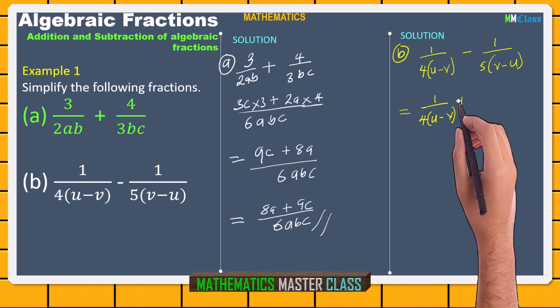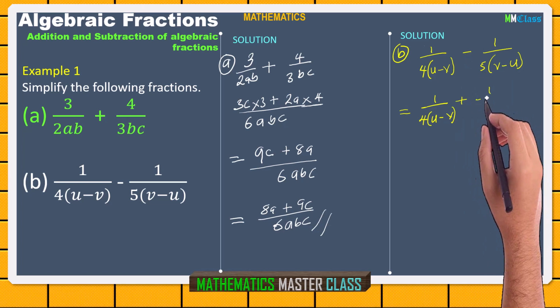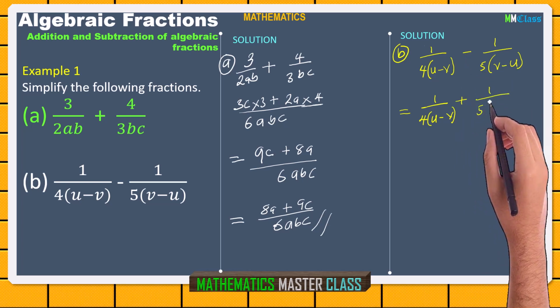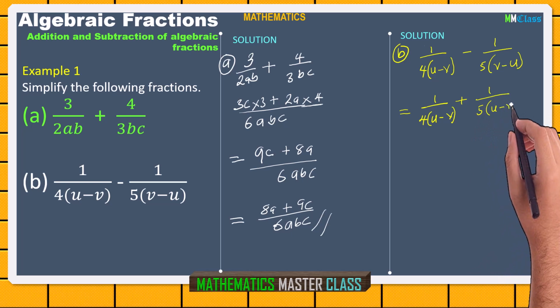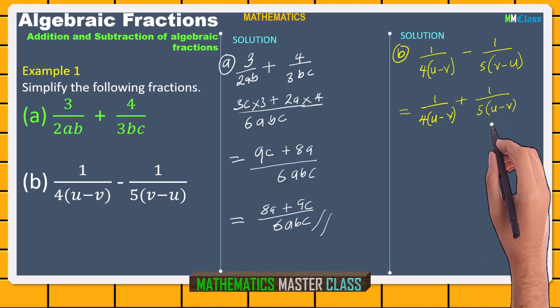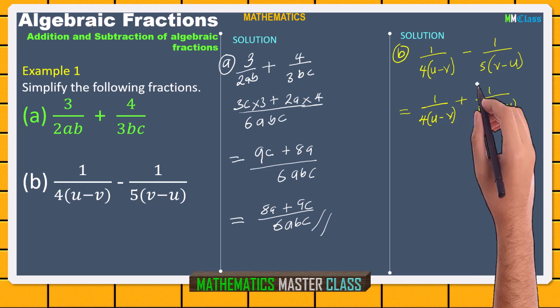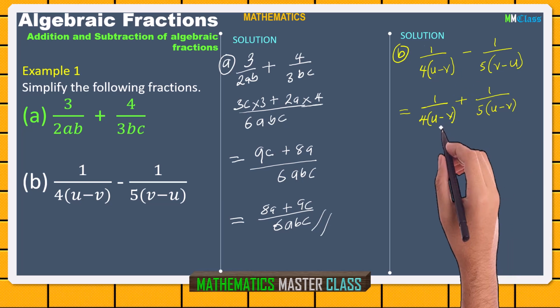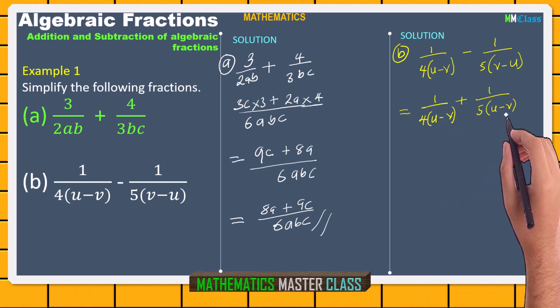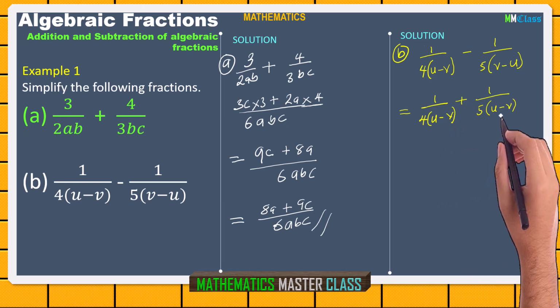So we'll now write plus here and then write 1 over 5 open bracket u minus v this time. So we have rearranged the fraction so that the denominators u minus v and u minus v here are the same. Take note of this.